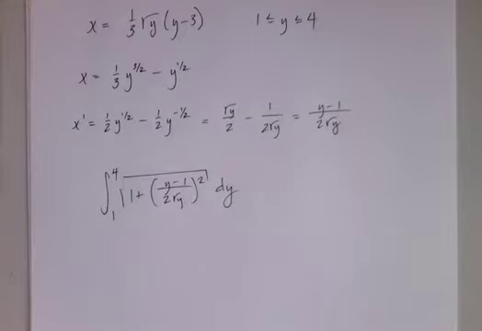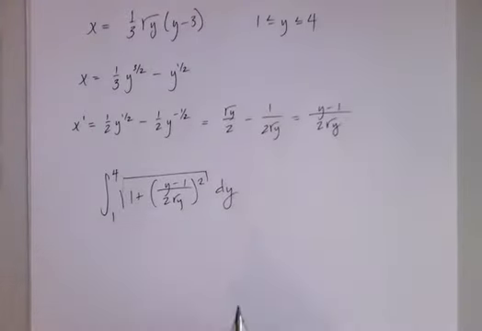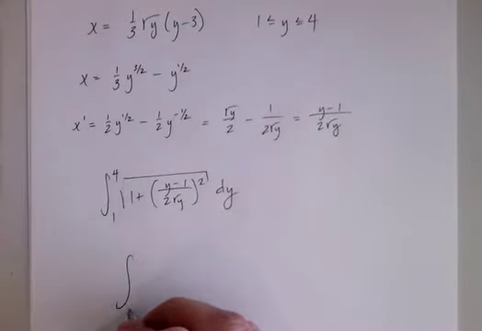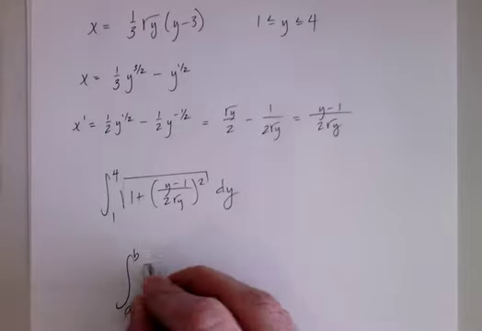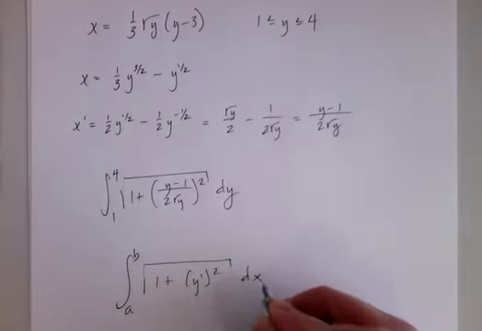Now from here, in 8.2, I think it's 8.2, we're going to take that arc length and use the arc length formula, which is of course the integral of the square root of 1 plus y prime squared dx.